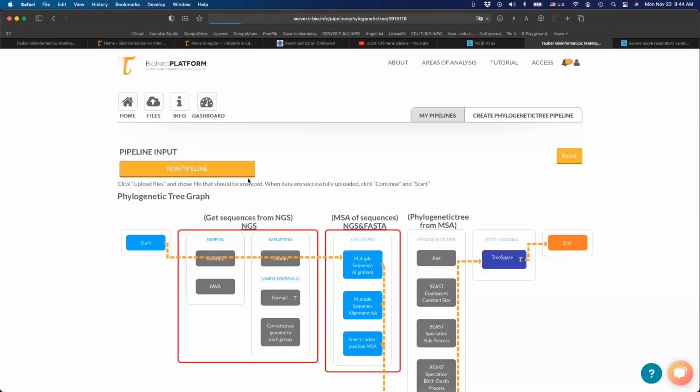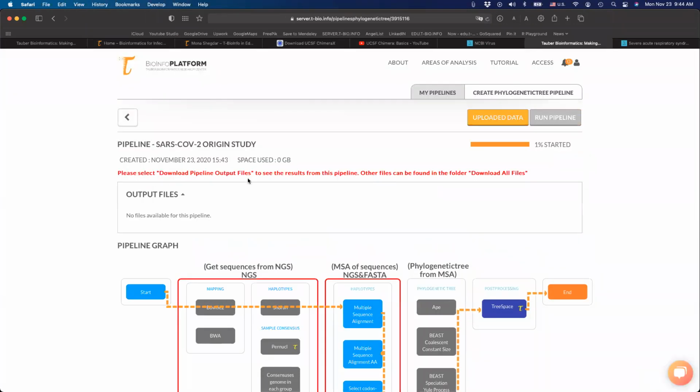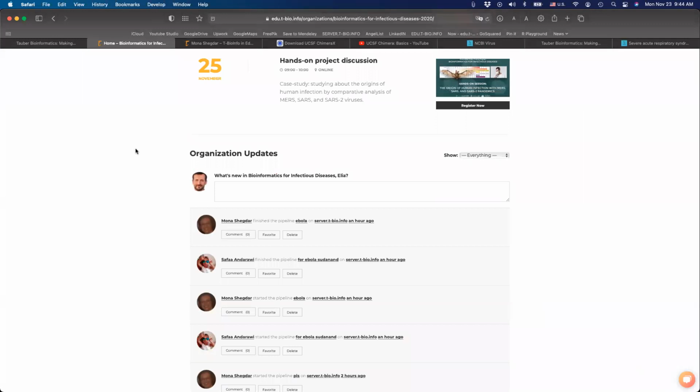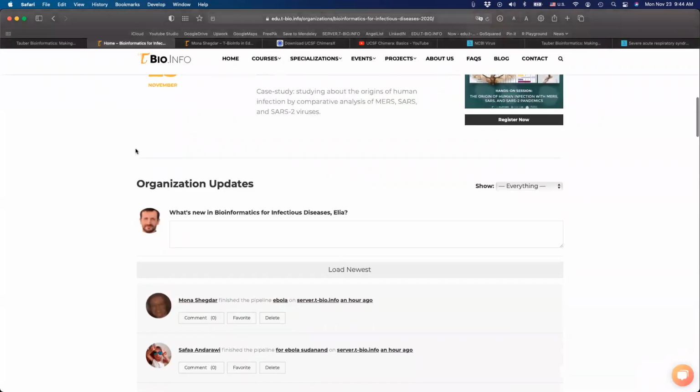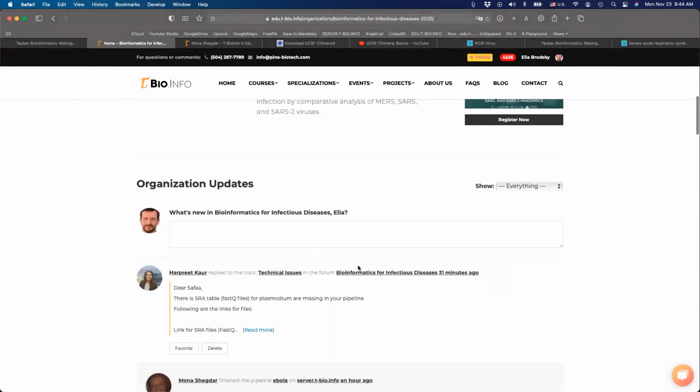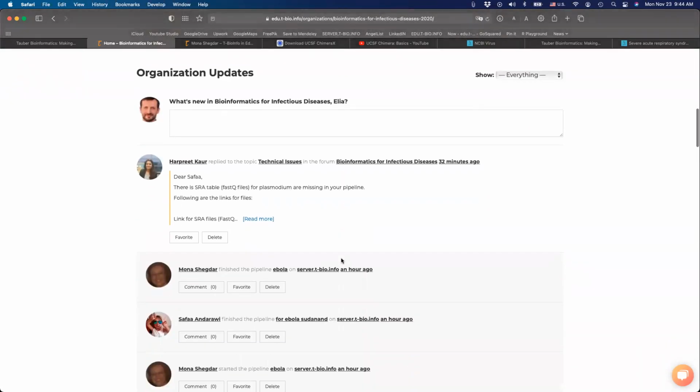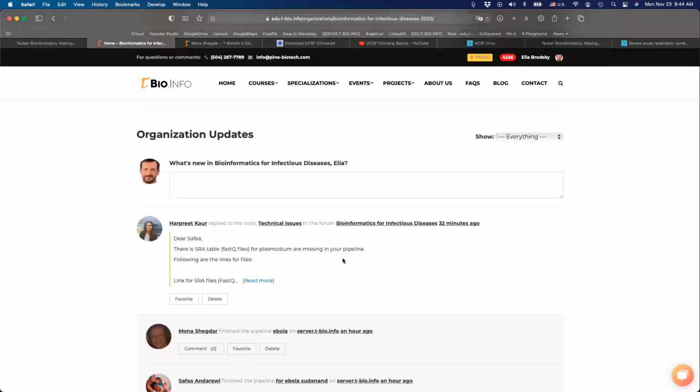Okay, just to get a sense of where everyone is, how many of you were able to start this pipeline or a similar one to what I just did? Was anyone able to start this pipeline or a similar one?